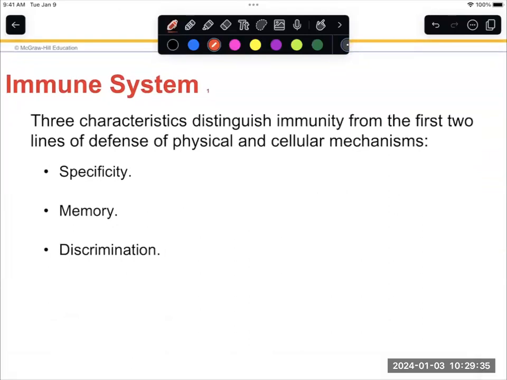Okay, there's 3 characteristics that distinguish immunity from the first 2 lines of defense of physical and cellular mechanisms. We have specificity. The immune response is directed against one specific pathogen.